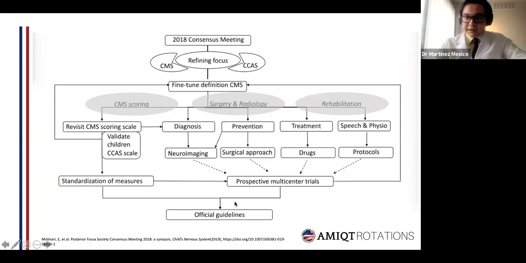So the goal here is to be able to do multi-center trials in order to get a larger proportion of patients and get better quality evidence in order to actually do an official guideline that can help us manage these patients.